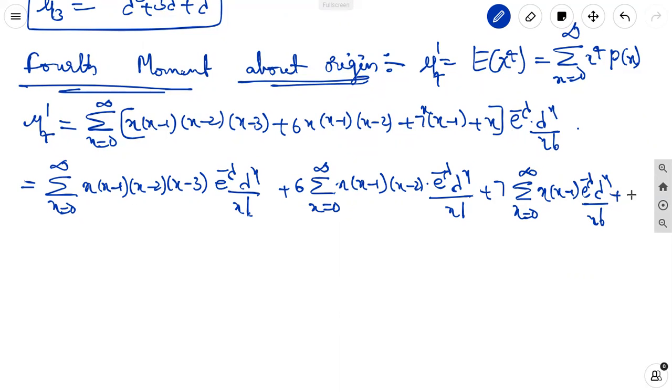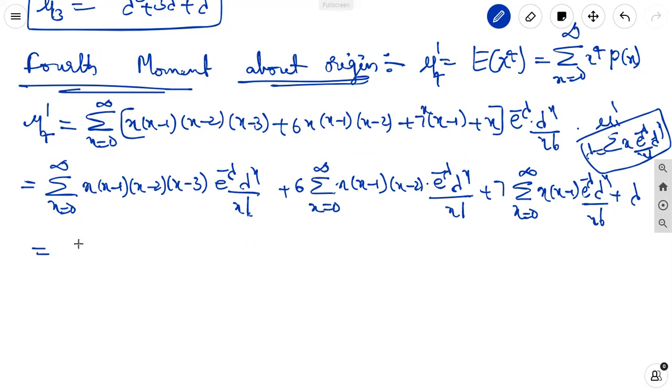This is the expectation of x, that is lambda. Why? Because summation x e power minus lambda lambda power x by x factorial is, by the first moment, lambda.